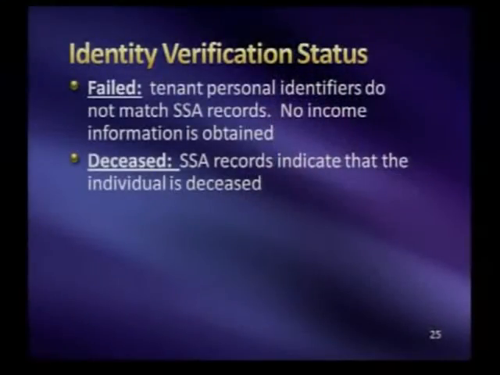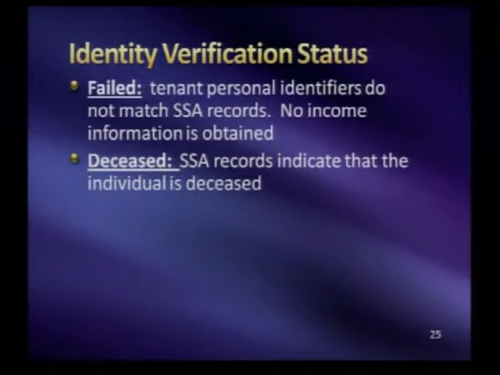Now, this is the identity verification status you don't want to see. Failed. When you see failed, that means you have to take some type of action. Failed means that the personal identifiers matched against the database with SSA did not match. Something is wrong. Either the name is wrong, the social security number is wrong, or the date of birth is wrong.